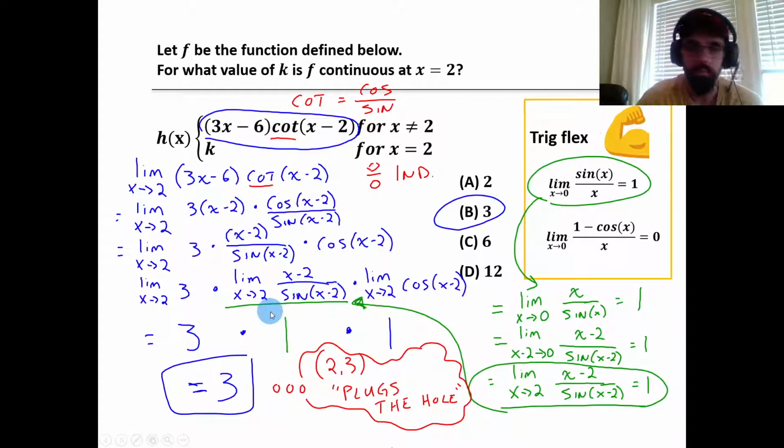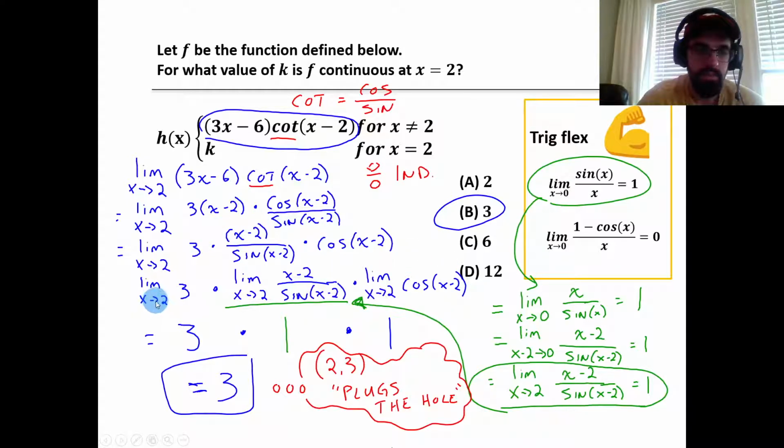Now, one of our rules: we have the limit as x approaches 2 of a function times a function times a function, technically. So by one of our limit rules, we can break that into 3 different limits. So the limit as x approaches 2 of 3, the limit as x approaches 2 of x minus 2 over sine of x minus 2, and the limit as x approaches 2 of cosine of x minus 2.